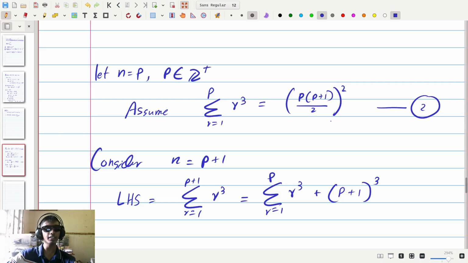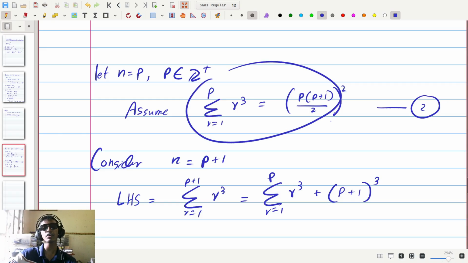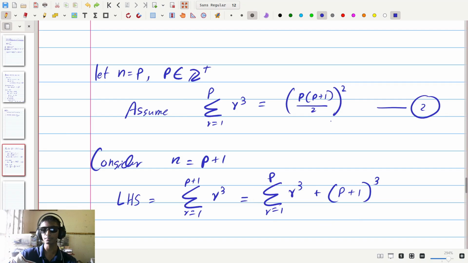The reason I did this is so that I can apply the previous value's result into the next value. Here we can see I have the sum from r equals 1 up to p of r cubed in both the assumed equation number 2 and our new equation for the left hand side of the next value when n is equal to p plus 1. So what I'm going to do next is to substitute for this value here the equation that I had in equation number 2.